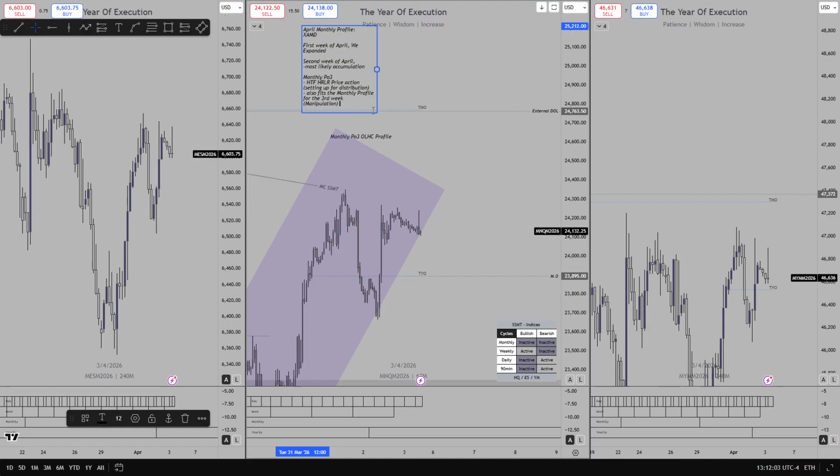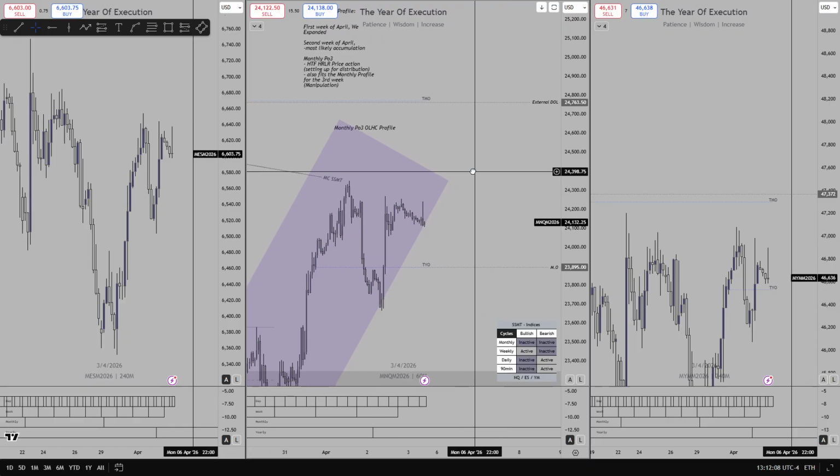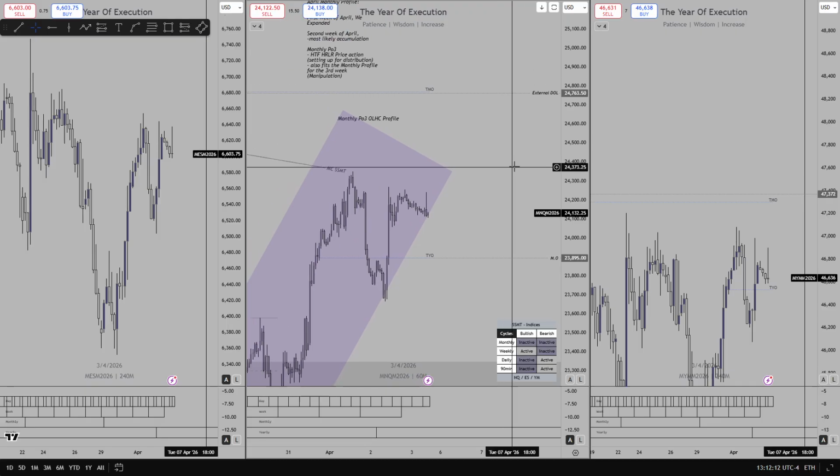So this week we can still get some good trades, but at least I know where my draw is for this week.